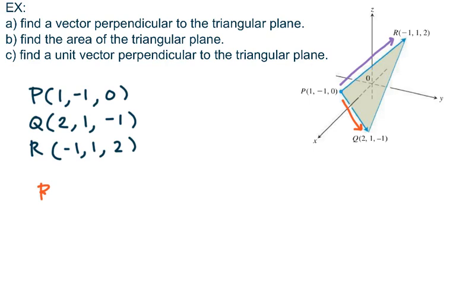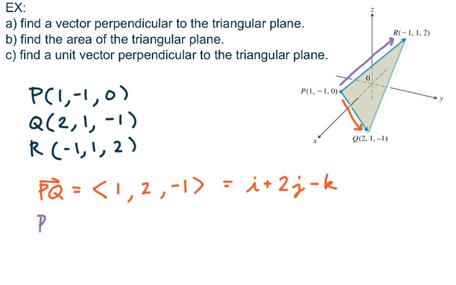The vector PQ is going to be the difference Q minus P for each of these components. So we end up with 2 minus 1, which is 1, 1 minus negative 1, 2, and negative 1 minus 0 is negative 1, or rather i plus 2j minus k.